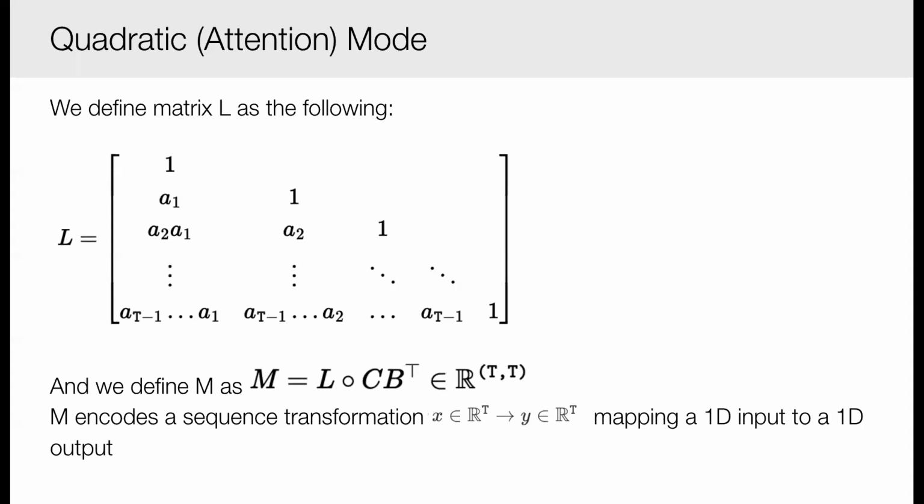And we define M as your matrix L multiplied by our learned parameters C and B. M basically encodes your sequence transformation, which maps X to Y, your 1D input to your 1D output. So now that we've defined L, it actually turns out to be our important attention mask, which is going to be used later.